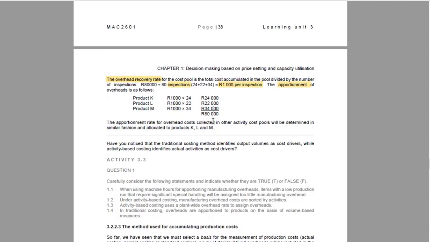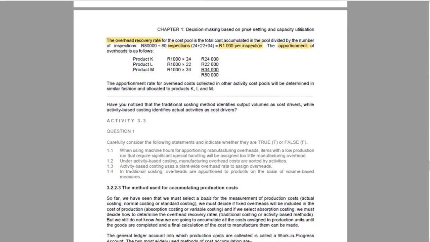But this way is the correct way of apportioning your overhead, by looking at the cost activity and also the cost driver. Then you'll be able to apportion that 80,000 that we need to allocate to the specific cost pool and product.